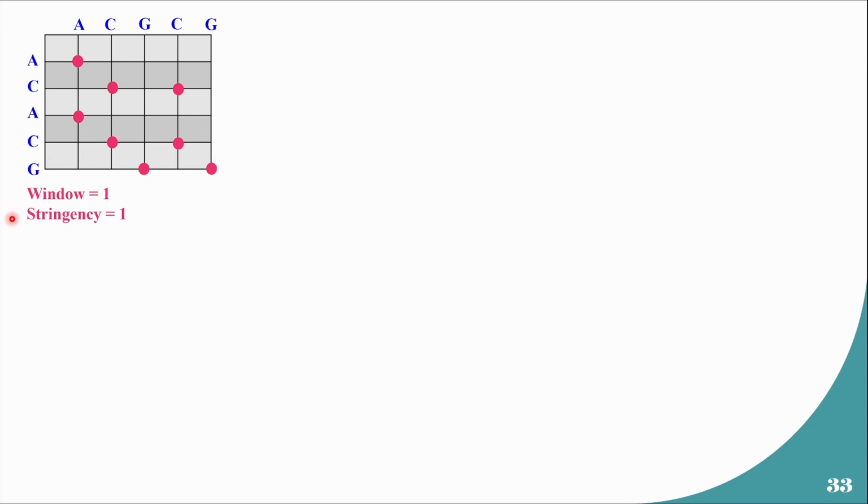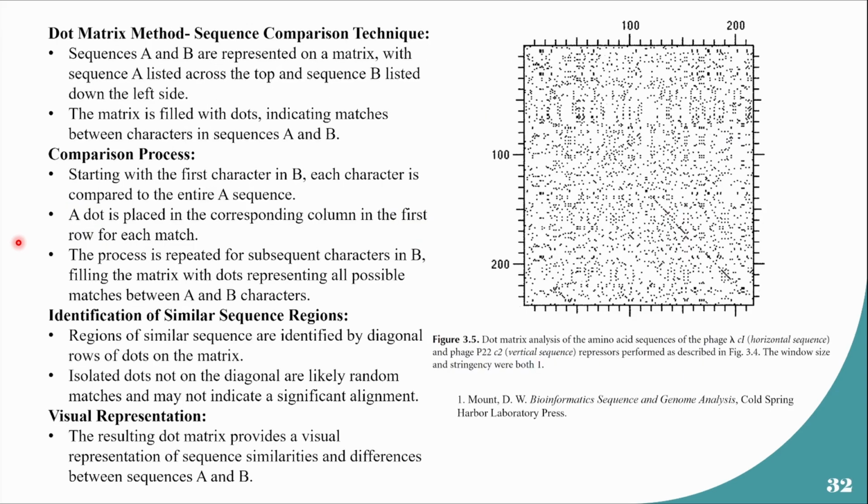Throughout the construction of the dot matrix, two parameters come into the picture, which are window size and stringency. If we go back to the earlier picture, you will notice that if you put a dot on every matching character, then the whole plot will be very noisy.